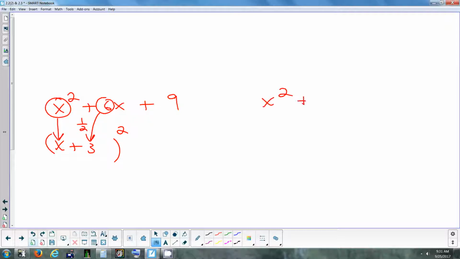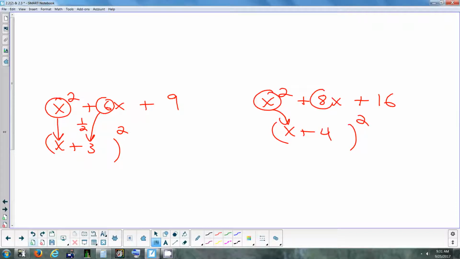Let's do x squared plus 4x plus 4. Actually, let me do something a little different because I don't want to have two numbers that be the same. Let's do 8x. That should work. How would that one factor? x plus 4 squared.